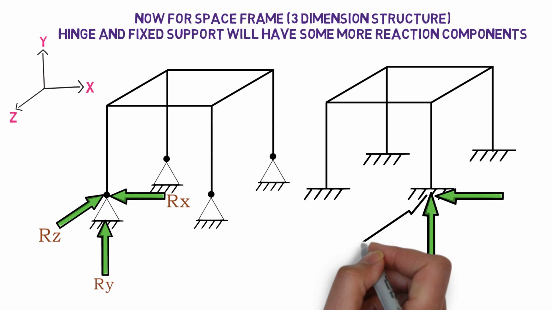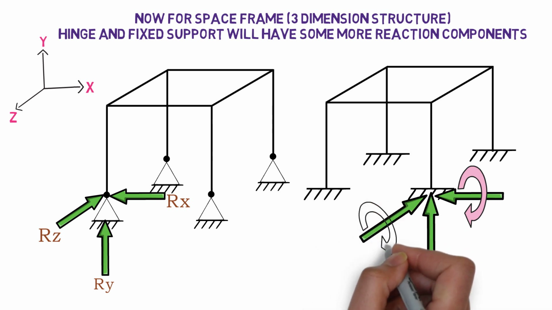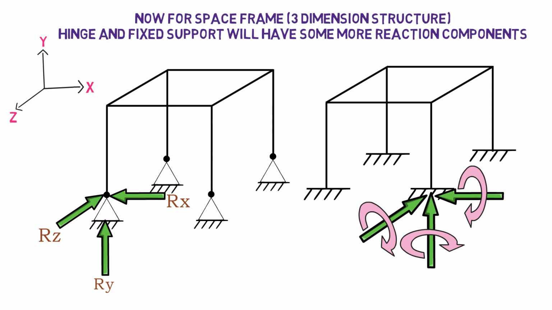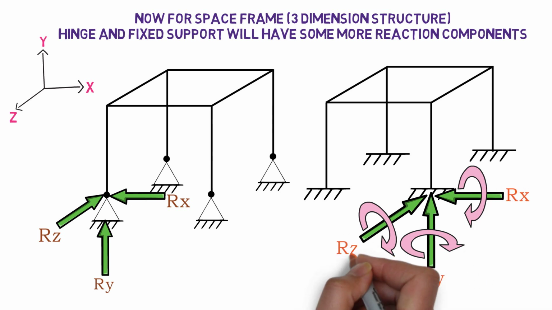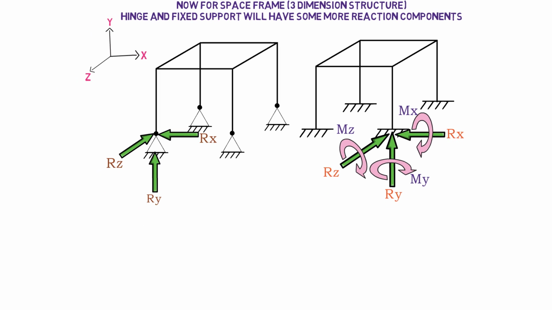Whereas in the case of fixed support there will be six reaction components, three forces and three moments. So those will be Rx, Ry, Rz and Mx, My and Mz.